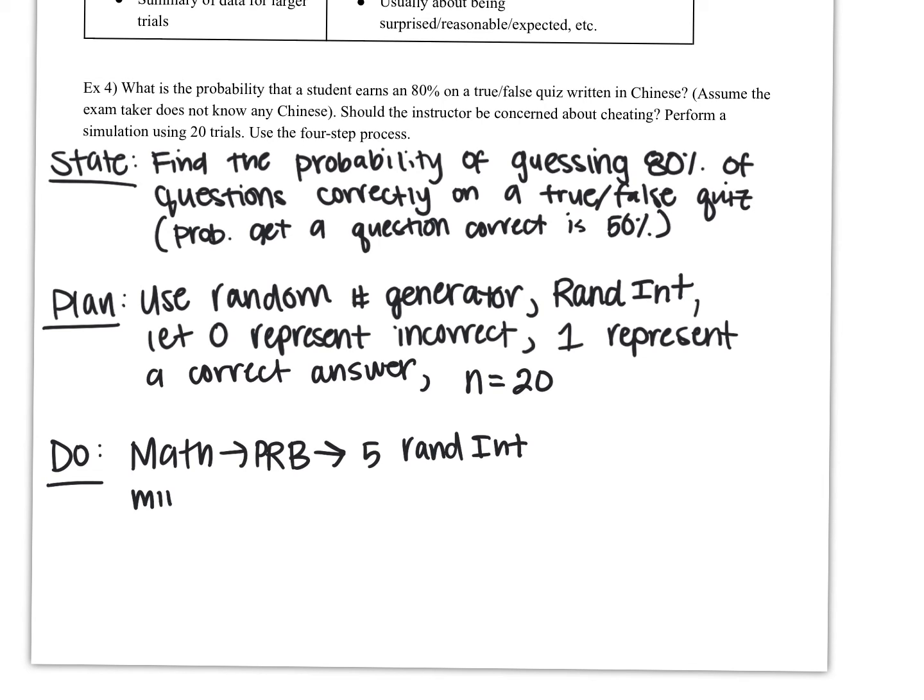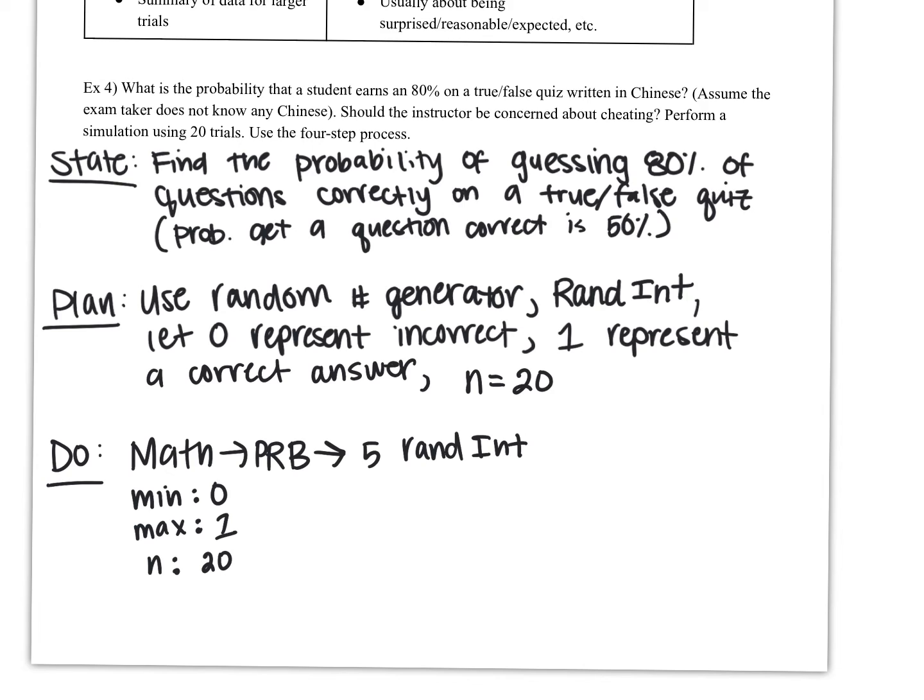I'm going to make our min 0, max 1, and n is our number of trials, which in this case is 20. And then you'll hit enter, and it'll give you a list of zeros and ones. And if you do this along with me, you're not likely to get the same responses as me.